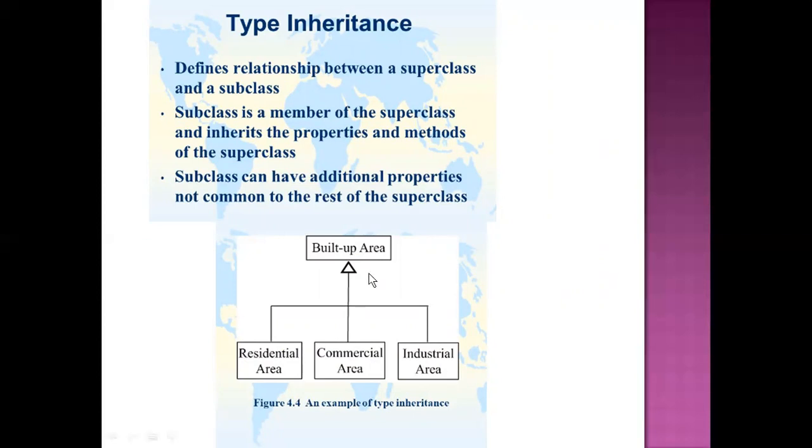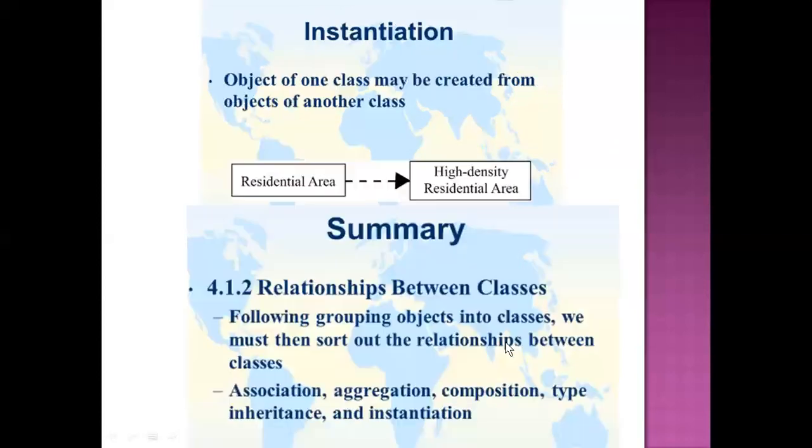For example, a built-up area covers residential, commercial, and industrial areas. This is an example of type inheritance. Instantiation: one class may be created from objects of another class, for example residential area and high density residential area.